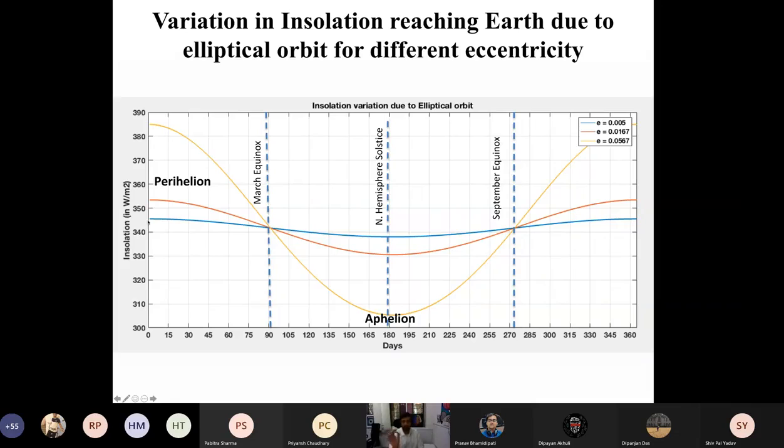We can see for a quasi-circular orbit, there is not much of a difference in incoming solar radiation between perihelion and aphelion. Okay. However, as the eccentricity increases, the seasonal contrast in the amount of energy received is going up. So remember, there is a seasonal contrast in the amount of energy received as a function of the ellipticity of the orbit.